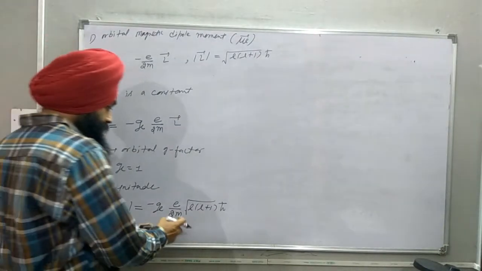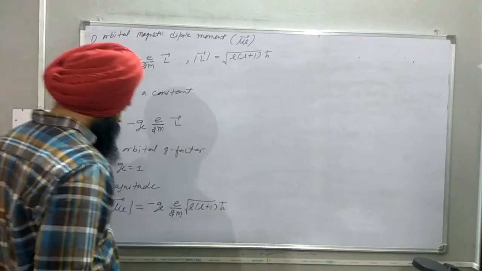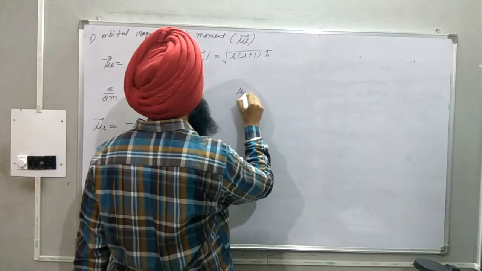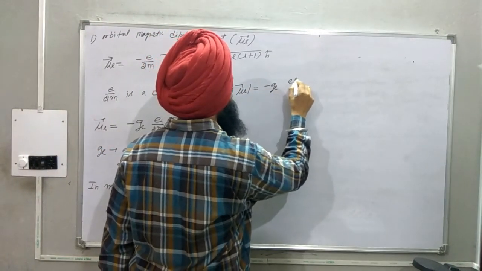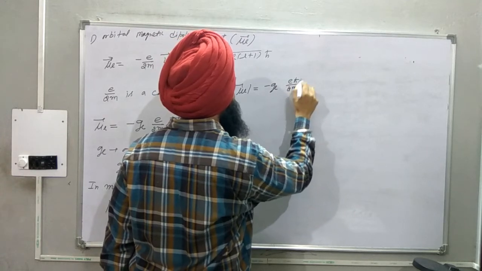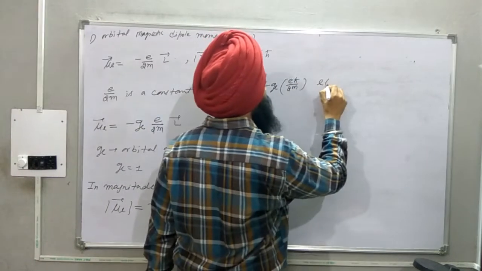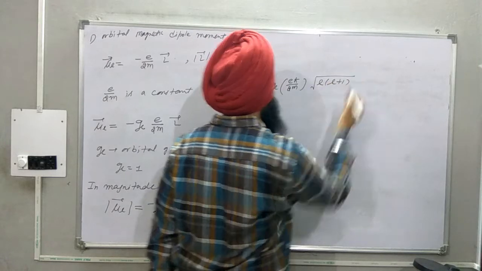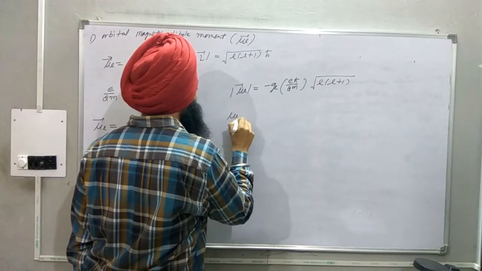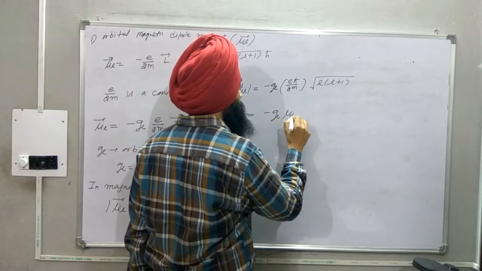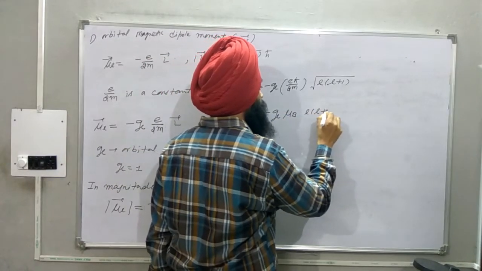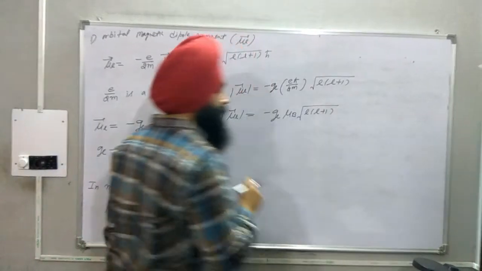I can combine this e upon 2m with h cut. So we get minus gL e h cut upon 2m square root of L into L plus 1. So the magnitude comes out to be minus gL mu B under root L into L plus 1.